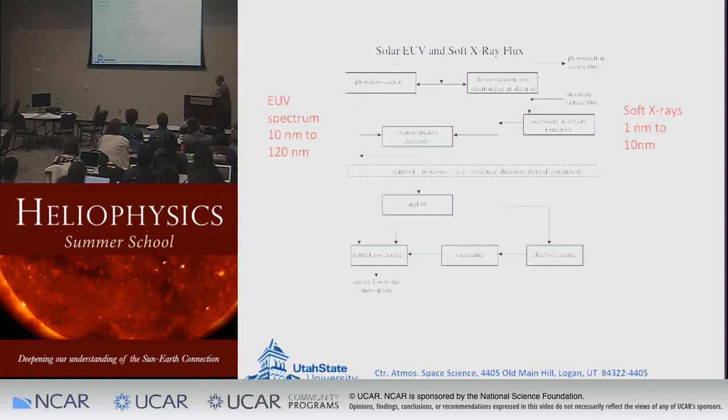But then at the other side of this diagram, when you have these soft X-rays, at one or two nanometers, it's almost 1,000 electron volts. The typical rule of thumb is that you need 34 electron volts to create another ionization. So a photoelectron at 34 eV can generate one more ionization.